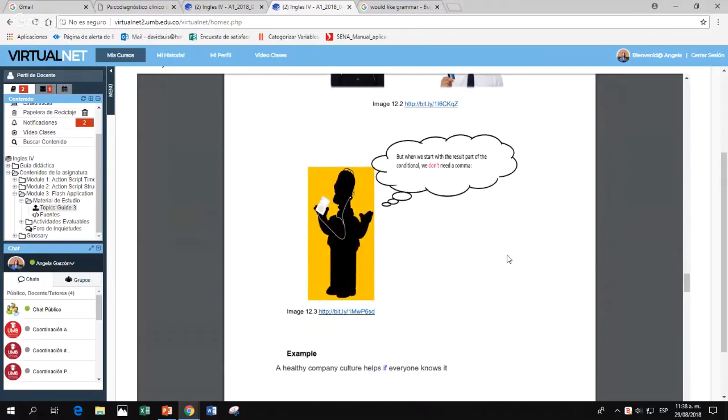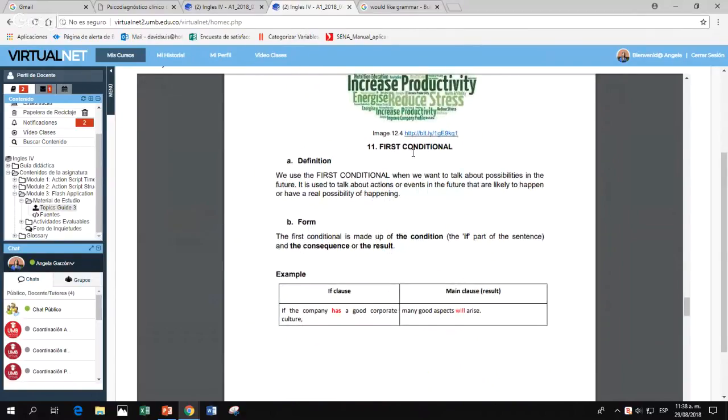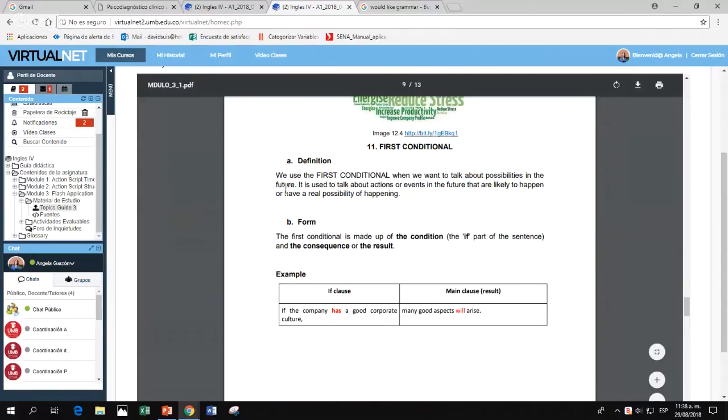So, first conditional. Entonces ya sabemos que el zero conditional lo utilizamos para hablar de hechos reales. El first conditional es utilizado para hablar de posibilidades. So we use it when we talk about possibilities in the future that are likely to happen or have a real possibility of happening.